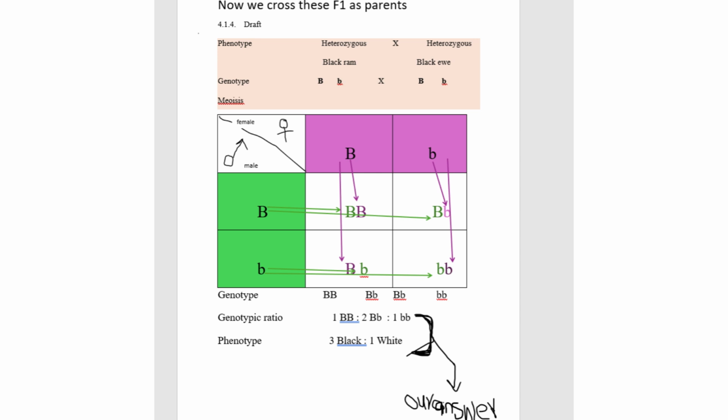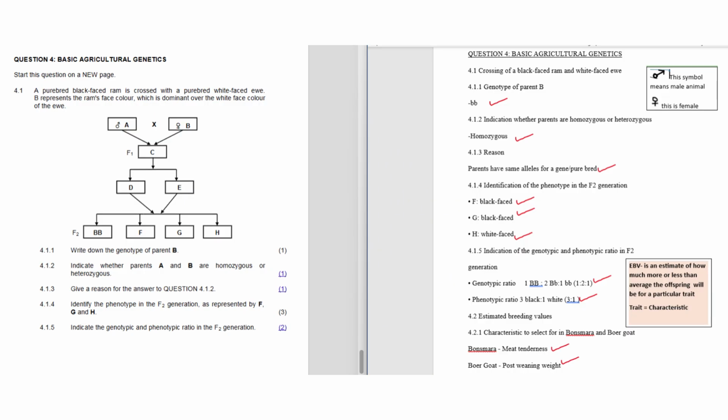Just write on paper, phenotypic ratio, then we say 1 BB, which is homozygous dominant, is to 2 heterozygous Bb, is to 1 homozygous recessive bb. Then the phenotypic ratio is going to be 3 black is to 1 white.